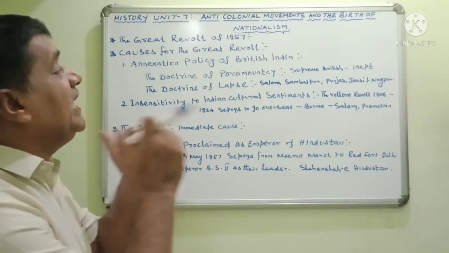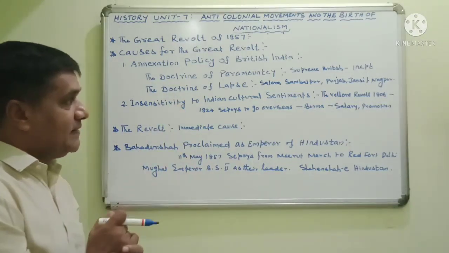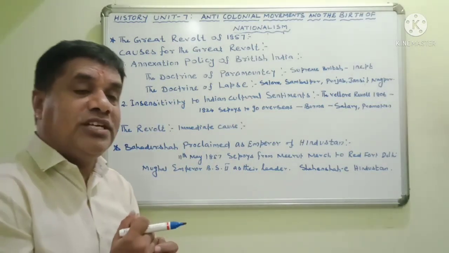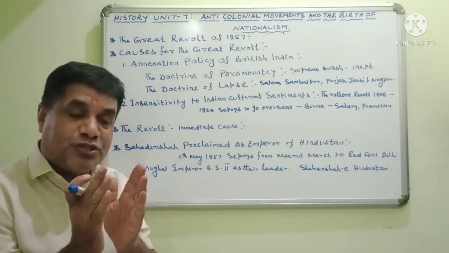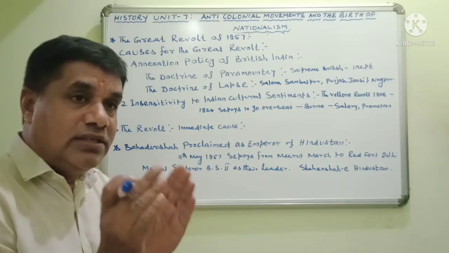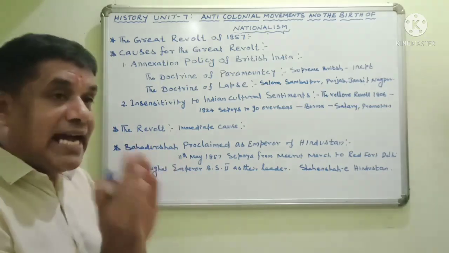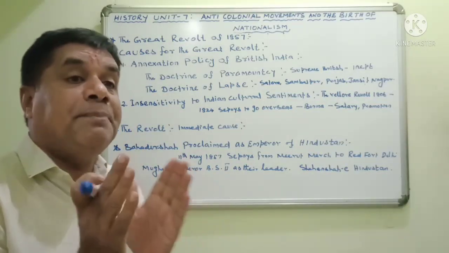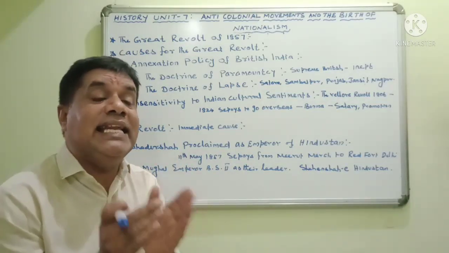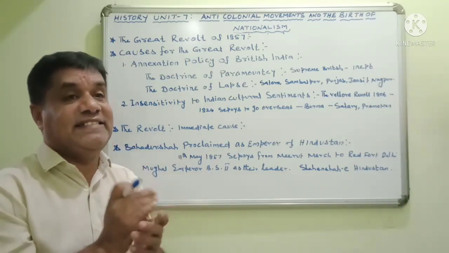They treated Indians as inferior races. The doctrine of lapse. What do you know of the doctrine of lapse, students? Already told you, listen here. If the ruler died without a male issue, the adopted son could only inherit the personal property of the deceased.